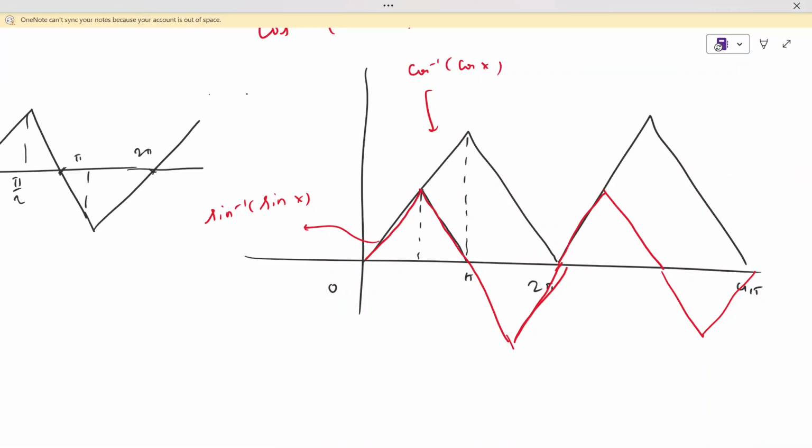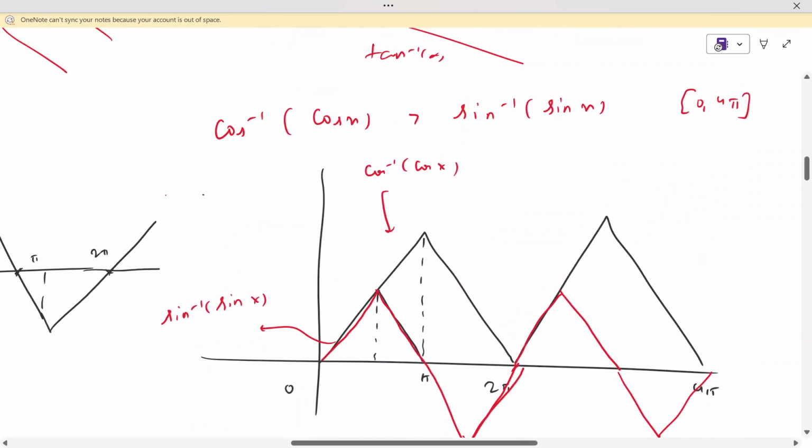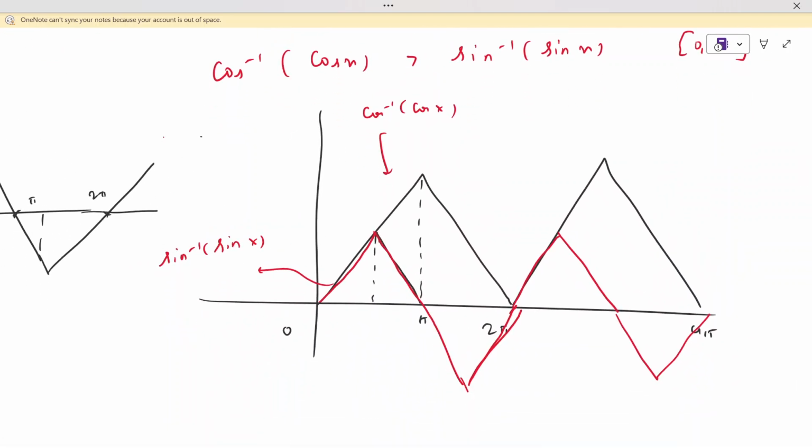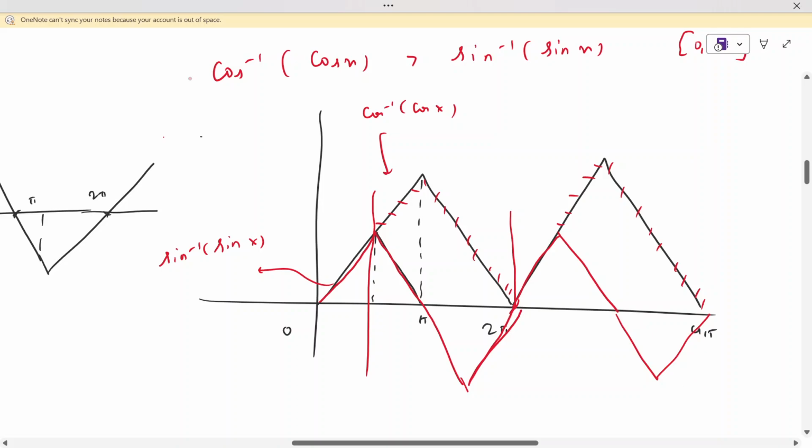So you can easily observe where cos inverse cos x is bigger. In this interval, from 0 to pi, you can observe cos inverse cos is bigger, na? And again in this interval it is bigger. So solving this question manually will be difficult, but using a graph is quite easy.